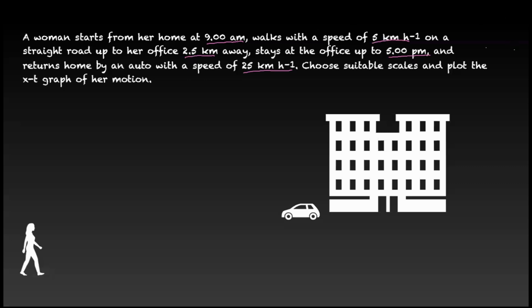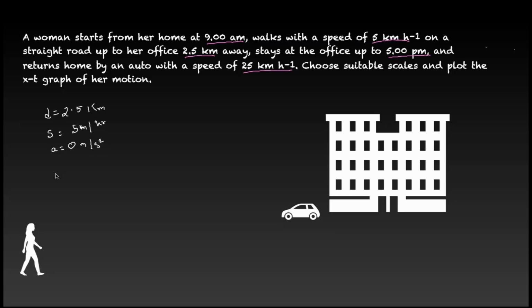So the first thing we have to calculate is what time she will reach the office in the morning. So let us set the given data. The office is at a distance of 2.5 kilometers, correct? And her speed is 5 kilometers per hour. Since no acceleration is mentioned, you can take acceleration as 0 m/s².